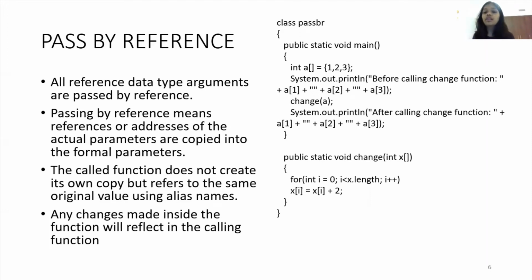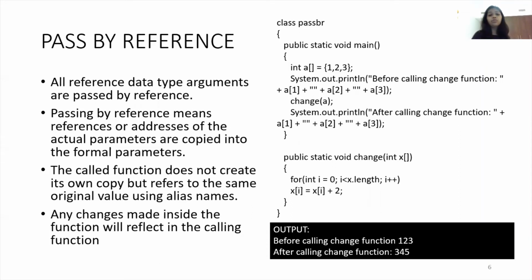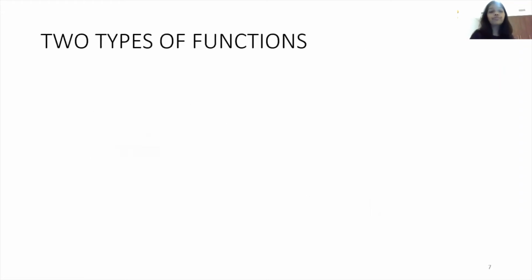While after calling the change function, the change will reflect in the argument, that is the A array, and the value will be 3, 4, and 5. So as you can see, the output before calling the change function is 1, 2, 3, and after calling it's 3, 4, 5.